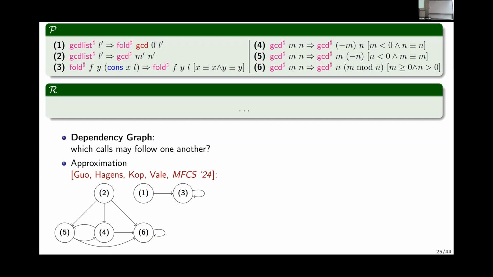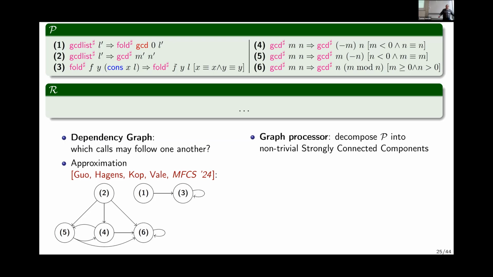Fold calls fold. And so GCD list calls fold, that can be done just once. And fold calling itself, that could be done in principle infinitely often. What's now dangerous for termination or for non-termination is the cycles in here.